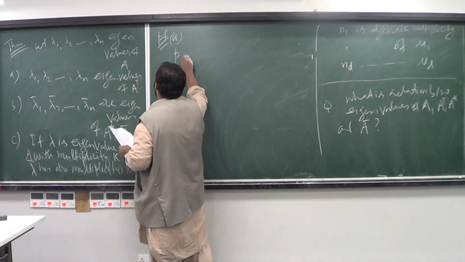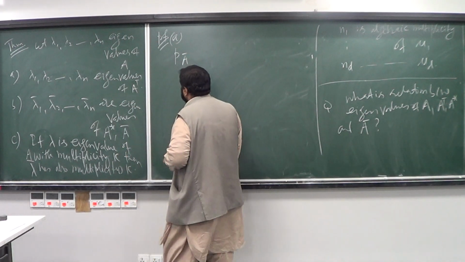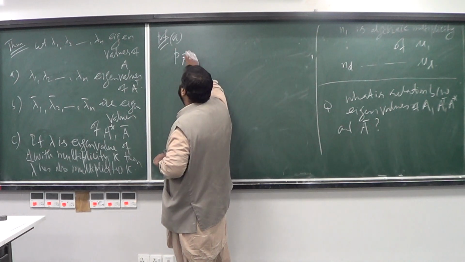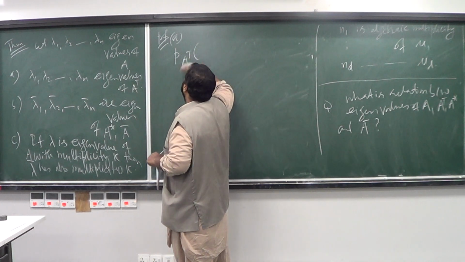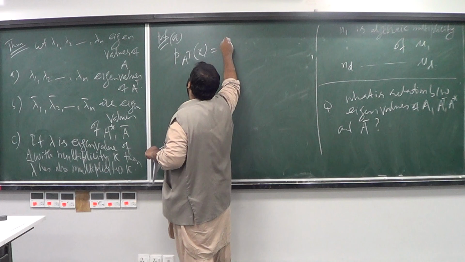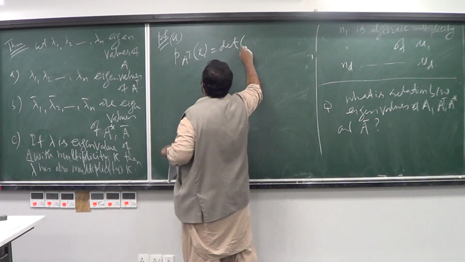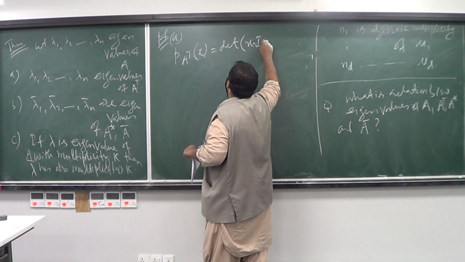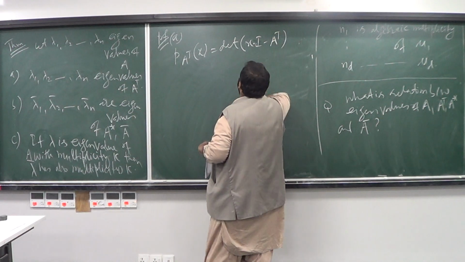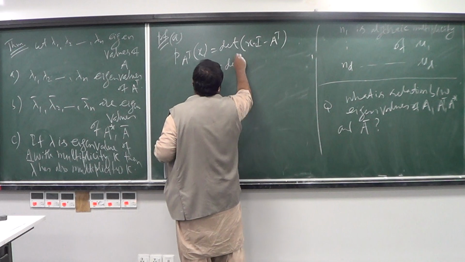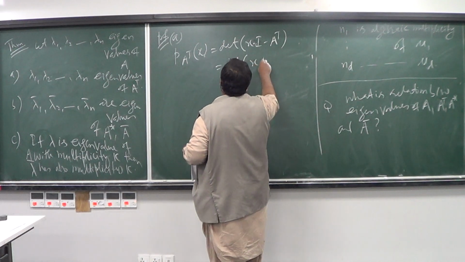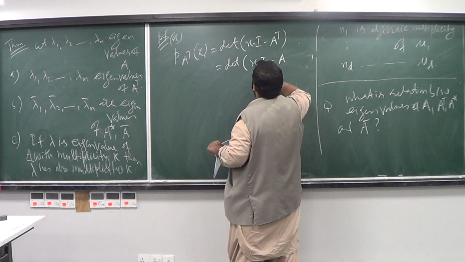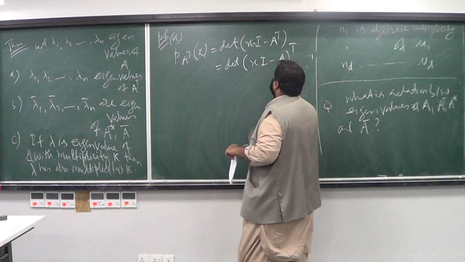If you compute the characteristic polynomial of A transpose, it is going to be the determinant of xI minus A transpose, but xI minus A transpose is the same as xI minus A, whole transpose.